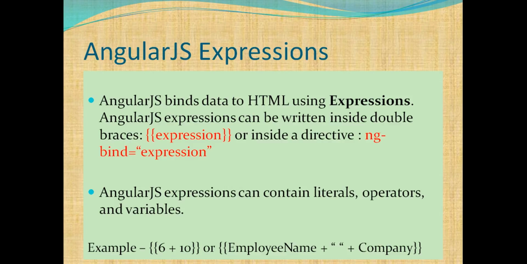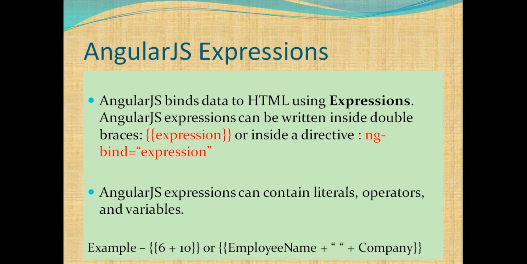What are AngularJS expressions? AngularJS binds data to HTML using expressions. AngularJS expressions can be written inside double braces or inside a directive called ngBind. AngularJS expressions can contain literals, operators, and variables.